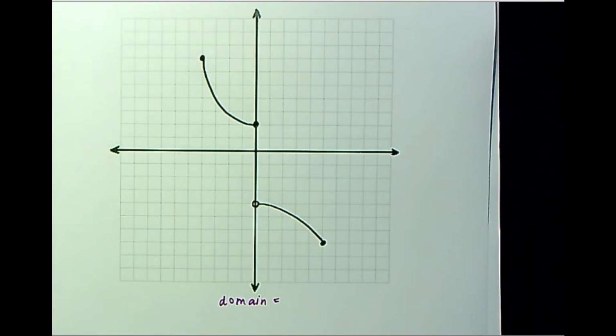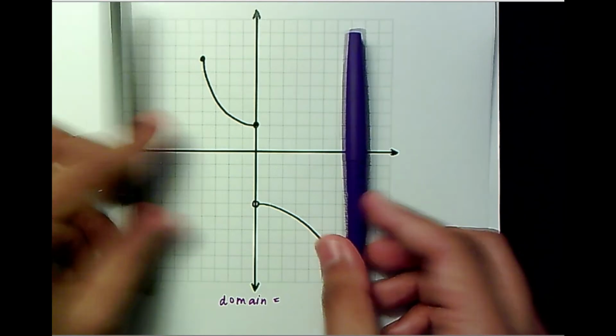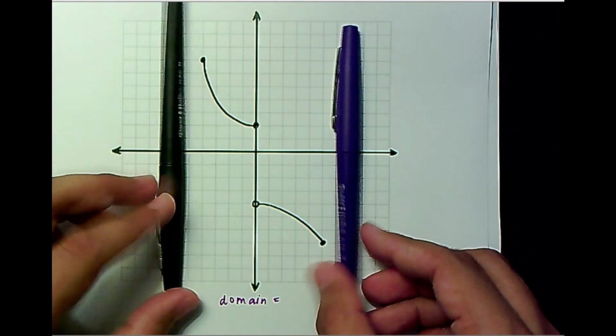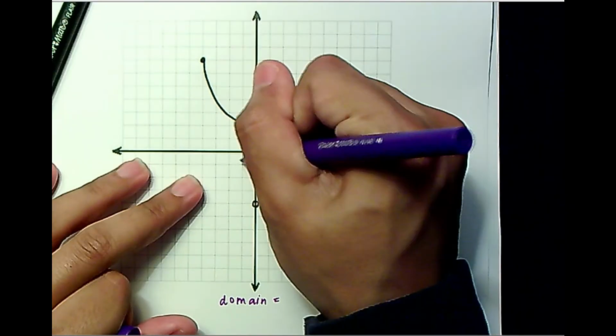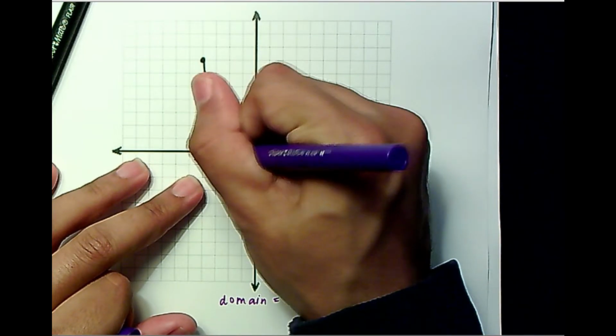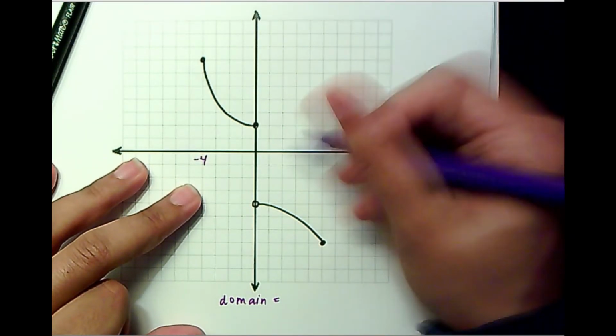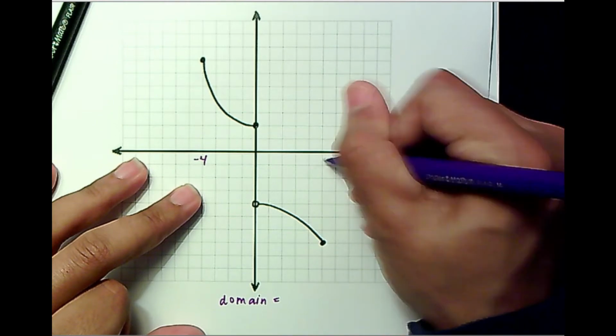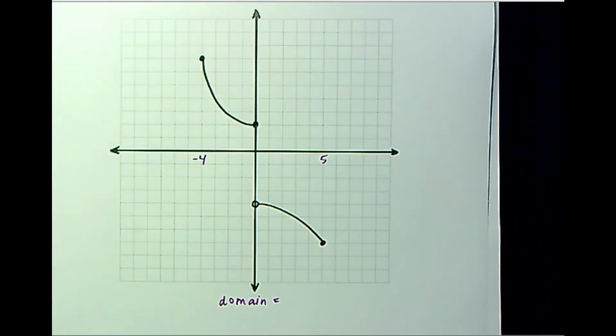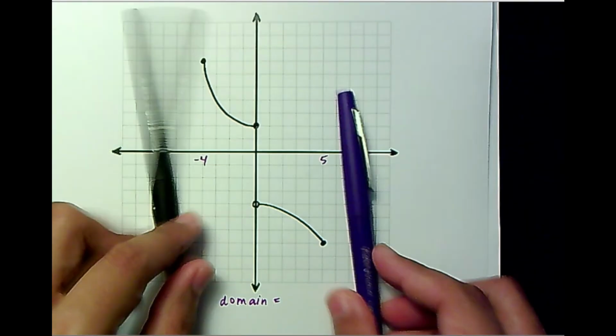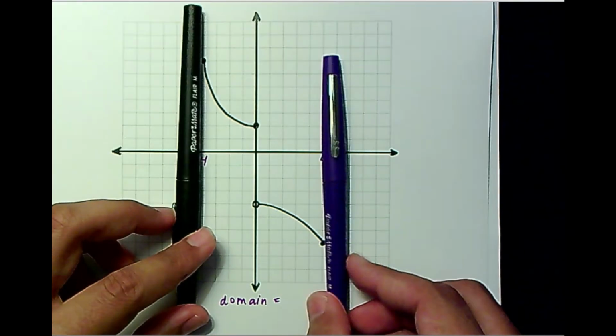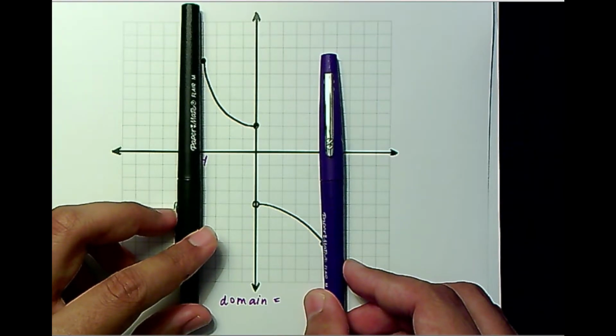So the graph is sandwiched between, let me see, this is -1, -2, -3, -4, and then this side is 1, 2, 3, 4, 5. The entire graph is sandwiched between -4 and 5.